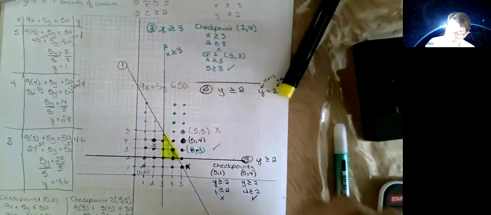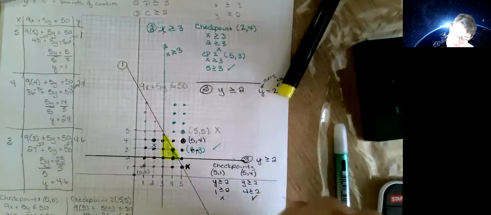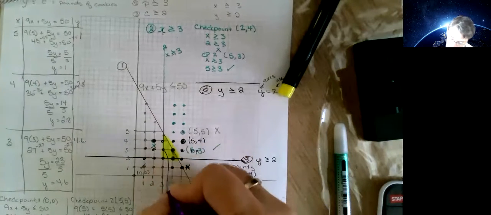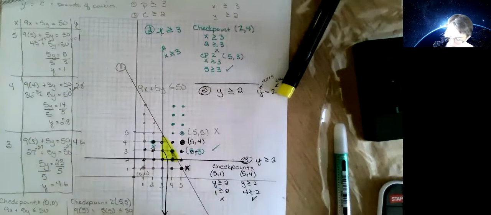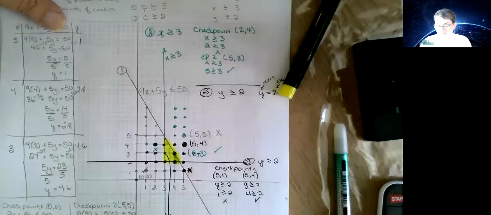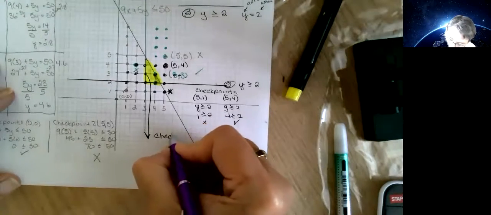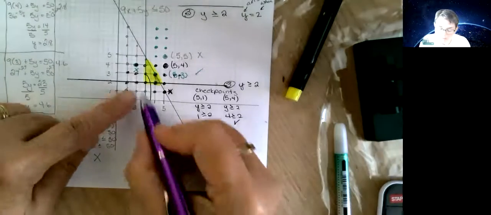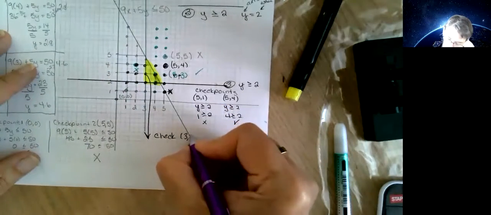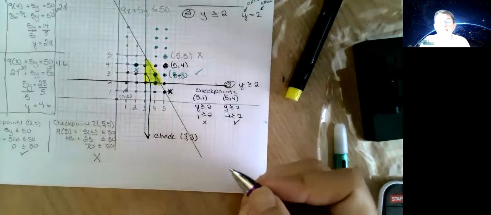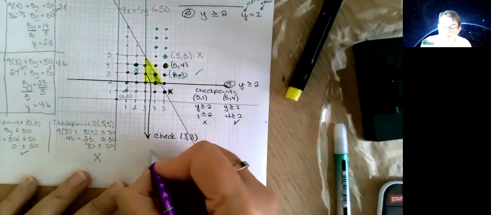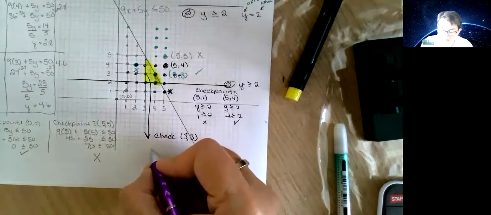Okay, so let's take, for example, let's check our work. All right, so that is the coordinates 3 and 3. Let's see if it answers all our questions. First of all, are we spending less than 50 bucks?